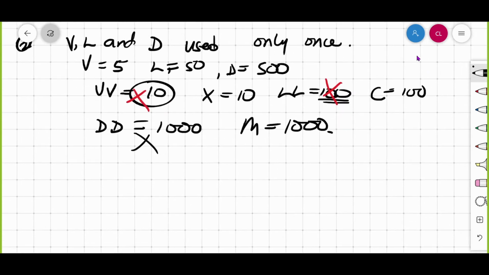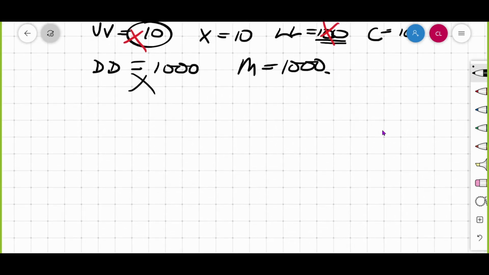Alright, let's go on to something else now. When a letter of smaller value is placed after a letter of larger value, we add the values together. Let's look at this one.